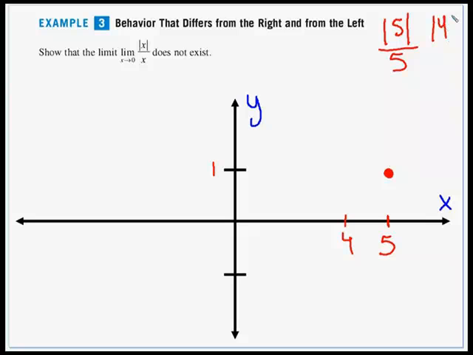The absolute value of 4 divided by 4 is also 1. And what about 3? The absolute value of 3 divided by 3 is 1. And also for 2 and 1, no matter what we plug in on the positive x values, we're going to get some number divided by itself, and anything divided by itself is 1. So as we're sliding along here, we're approaching 1.